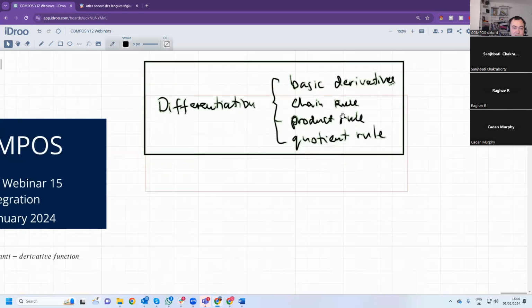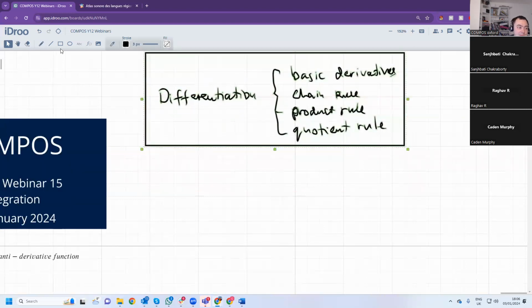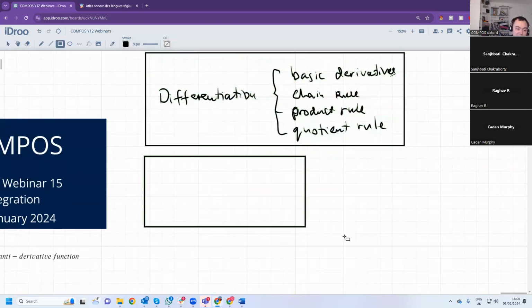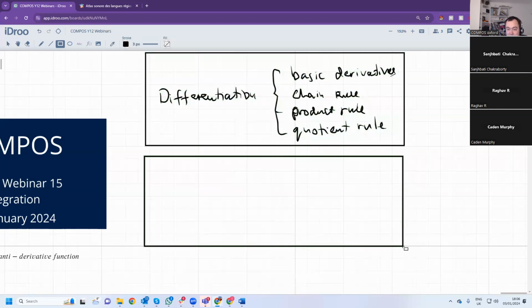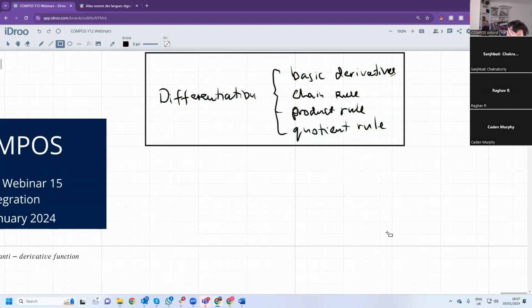With integration, I would say integration has almost infinite complexity because integration is very vast. It's enormous.